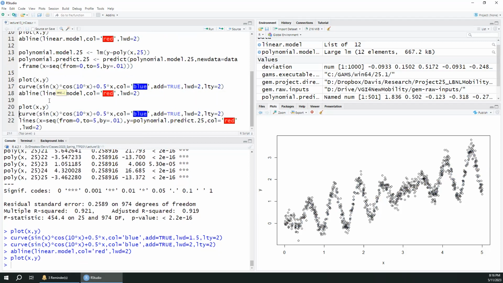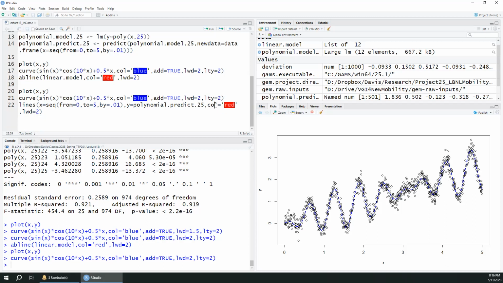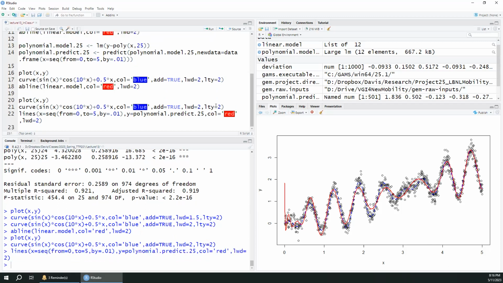So if, recall, this is what our true form looks like. The best our linear model could do was a straight line through all of this. And let's see what 25 polynomial terms adds. Okay, so a lot closer, right?